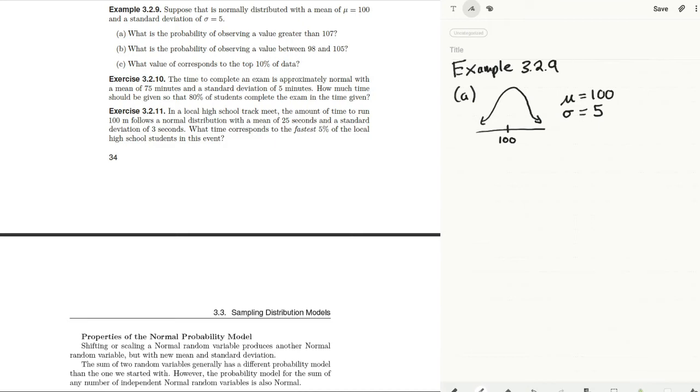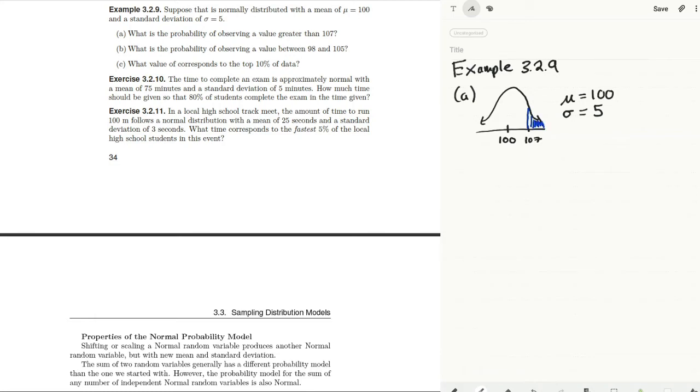Now the probability that we observe a value greater than 107 will correspond to the area under the curve to the right of 107. So we want to determine this blue shaded area.